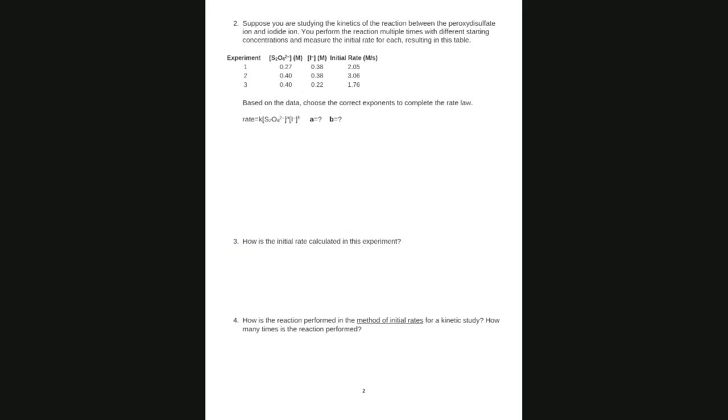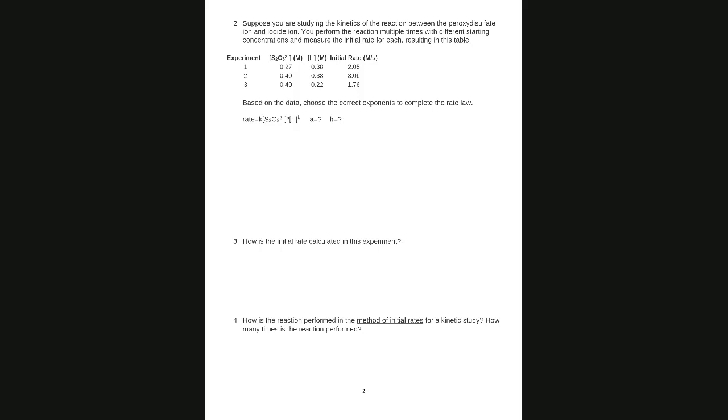Okay, so problem 3. How is the initial rate calculated in this experiment? We went over a little bit. I went over that we use basically an indirect method, but I don't really want to confuse you.